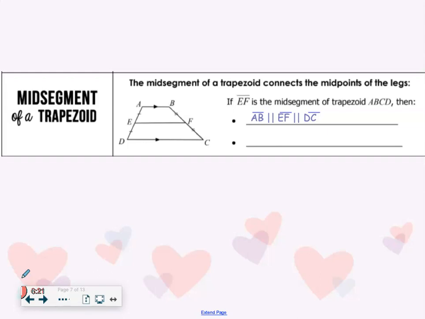If we were looking for the length of EF, what we do is take AB, add it to DC, divide by 2. So AB plus DC all over 2. Add your bases and divide by 2 to find the length of your mid-segment.